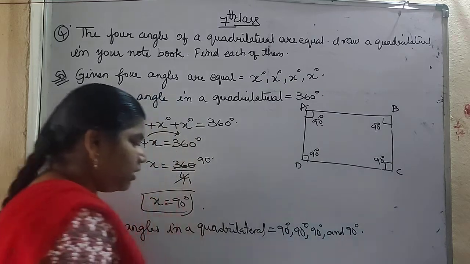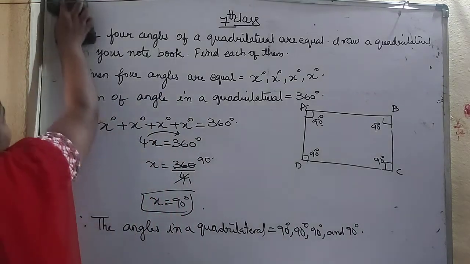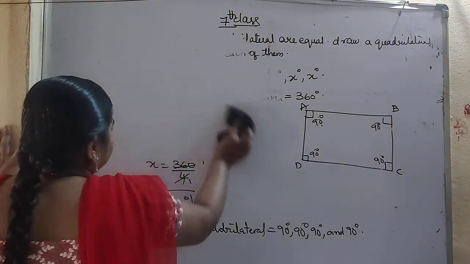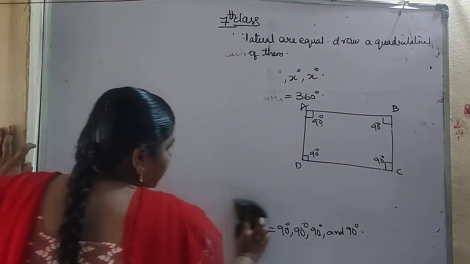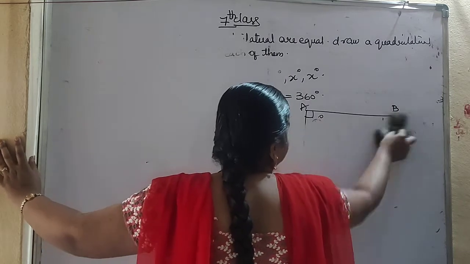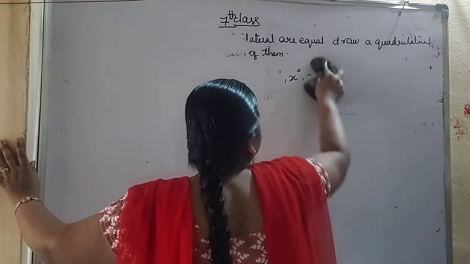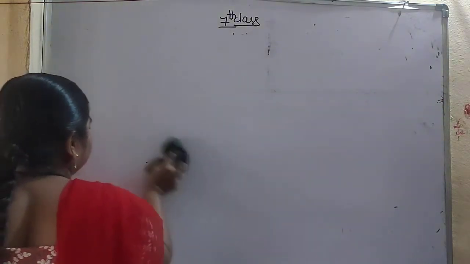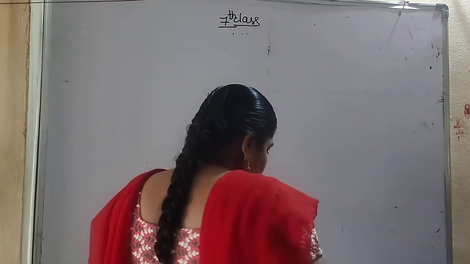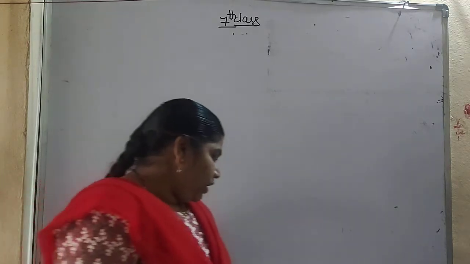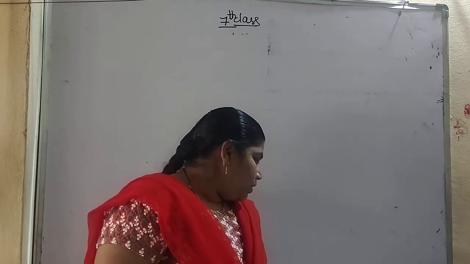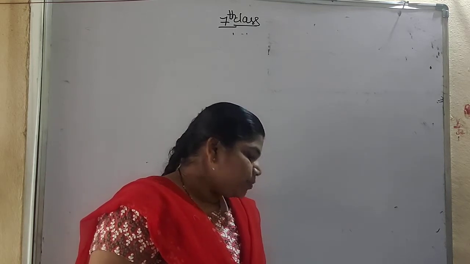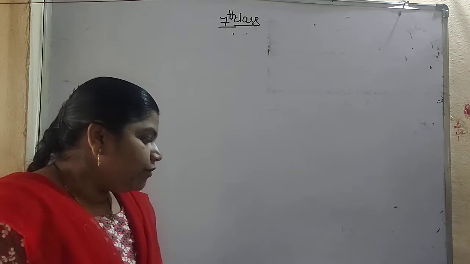Next is fifth one. So what is the fifth question? In a quadrilateral, the angles are x degrees, x plus 10 degrees, x plus 20 and x plus 30 degrees. Find the angles.